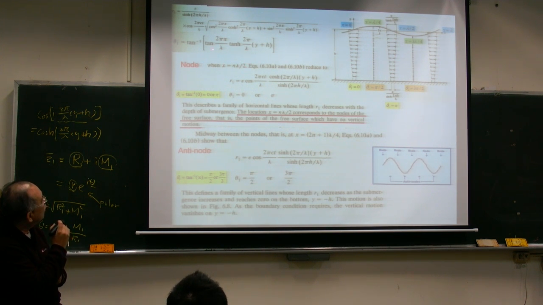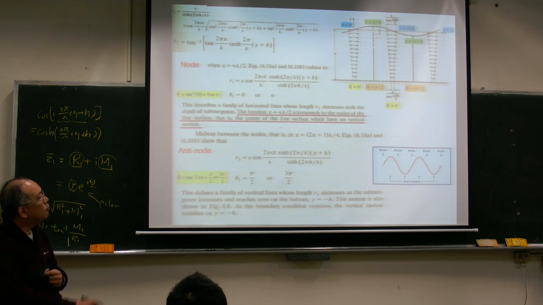If you plot this theta 1 formula and apply x here, x equals n lambda over 2, the tangent will be equal to 0. So the arctangent of 0 gives you theta 1 equal to 0 or pi.